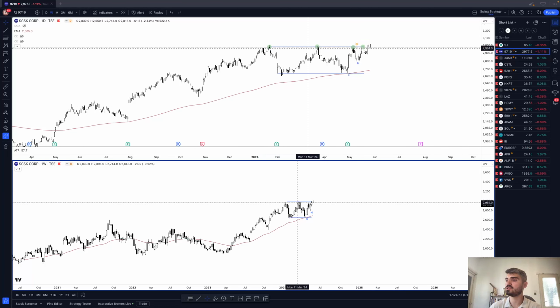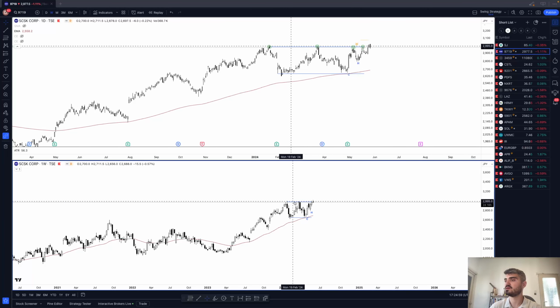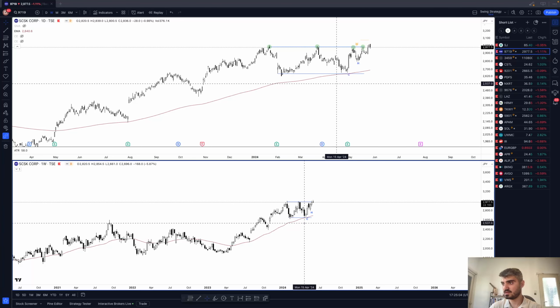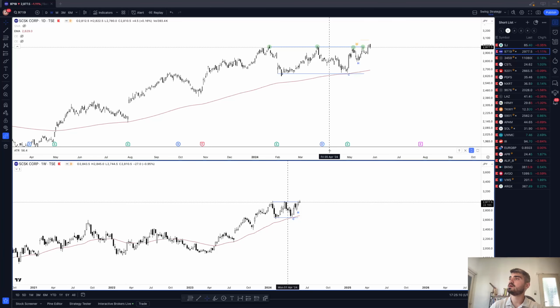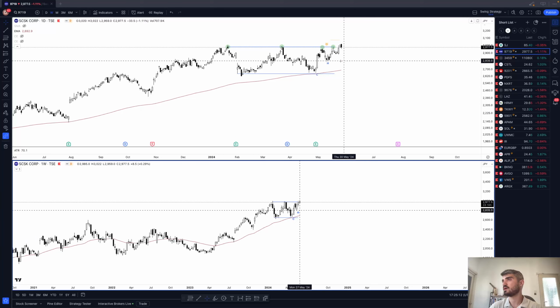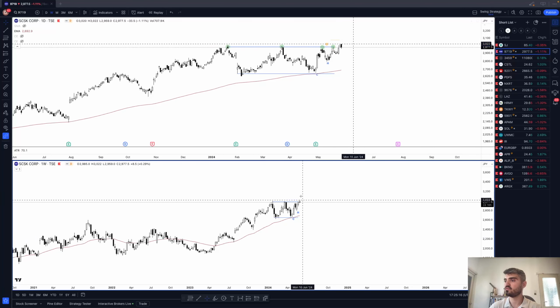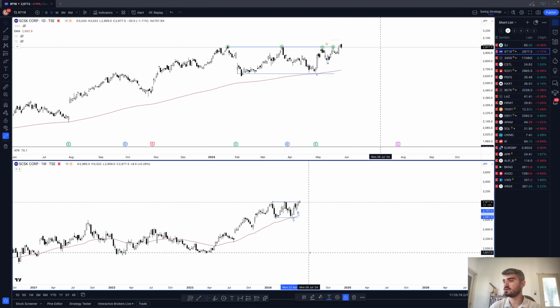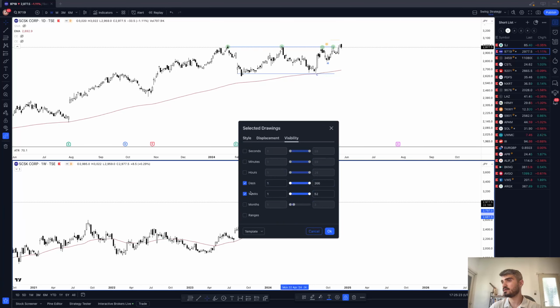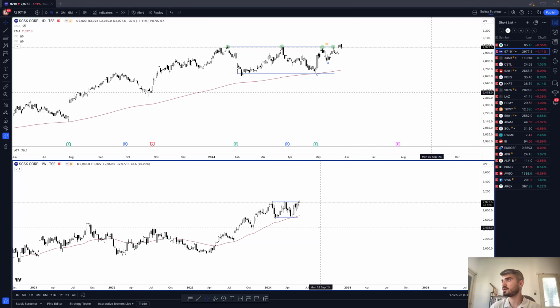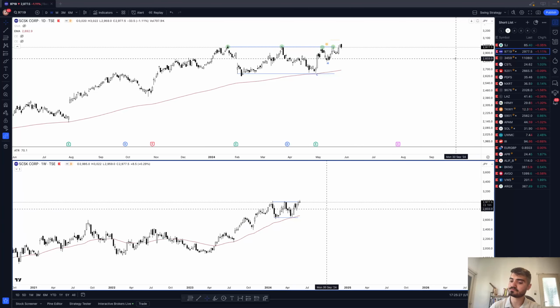We are challenging this resistance level 3 times in relation to 2 times at the lower boundary, which means that the buyers are more aggressive. We have some kind of cup and handle on the daily, which is a confluence to the forming rectangle, and might add some reliability to the pattern.